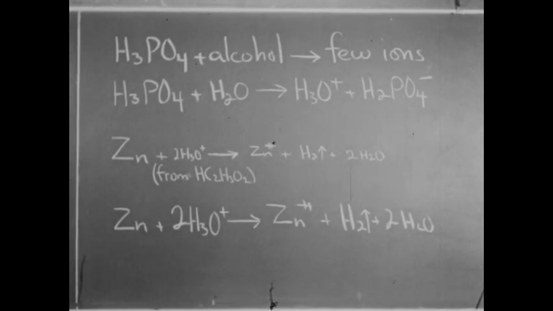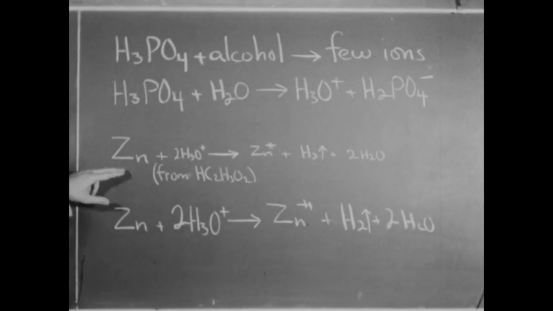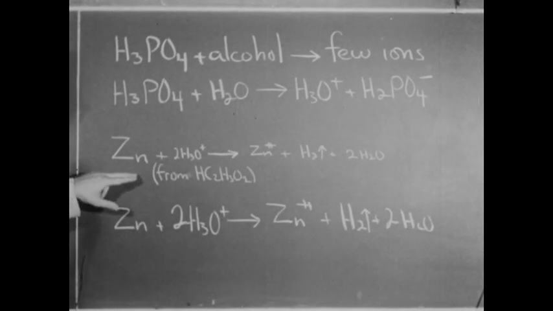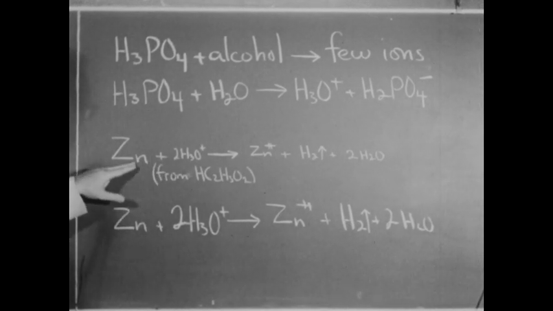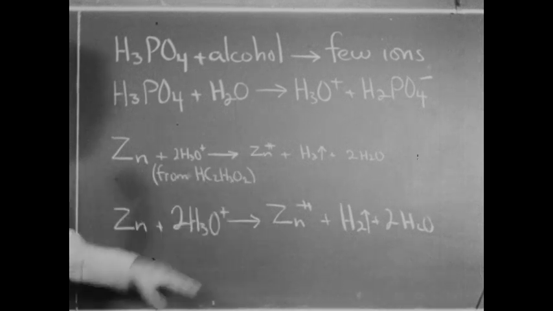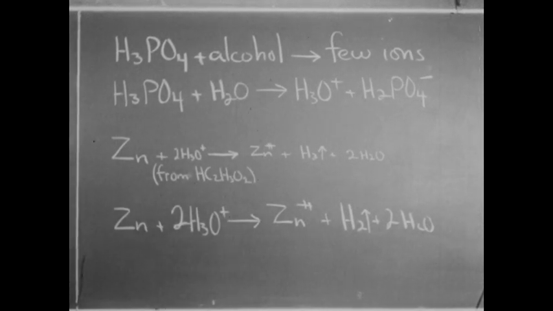Then we tested solutions of two different acids with zinc. We found that when a low concentration of hydronium ions was present from acetic acid, the reaction was very slow and small amounts of hydrogen were evolved.